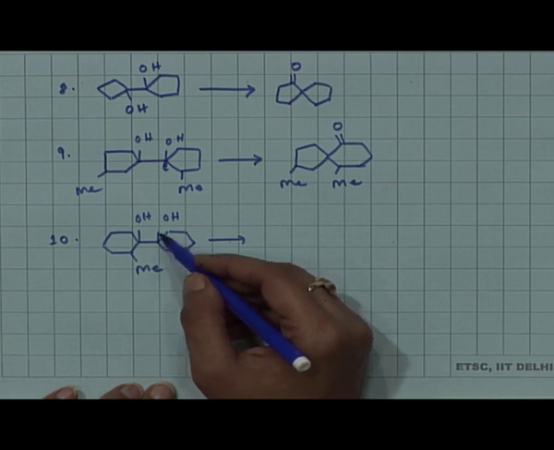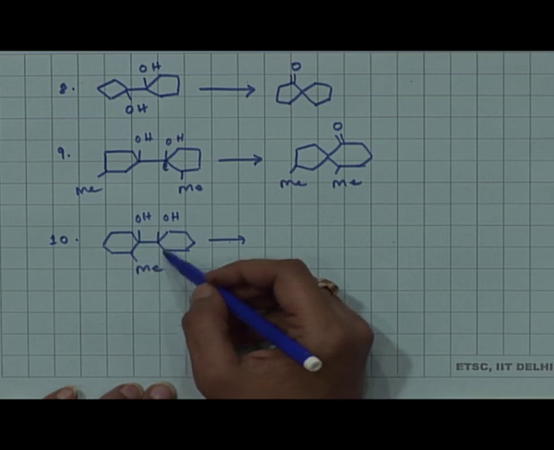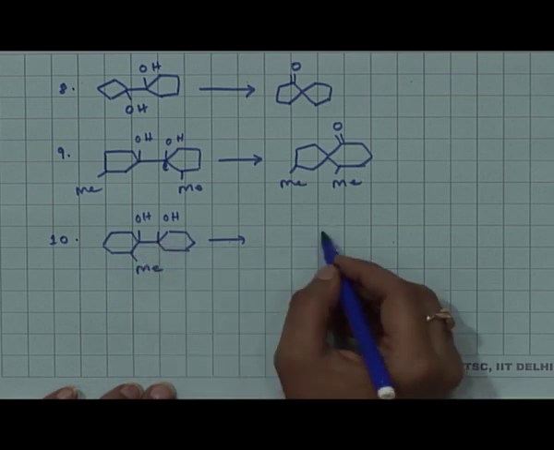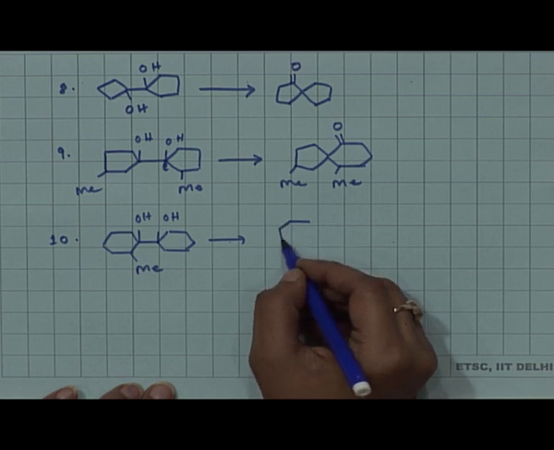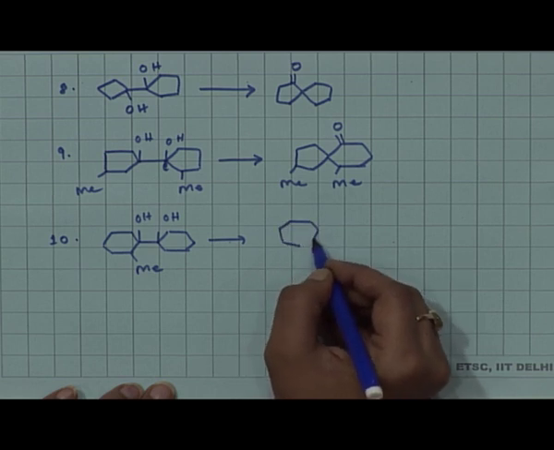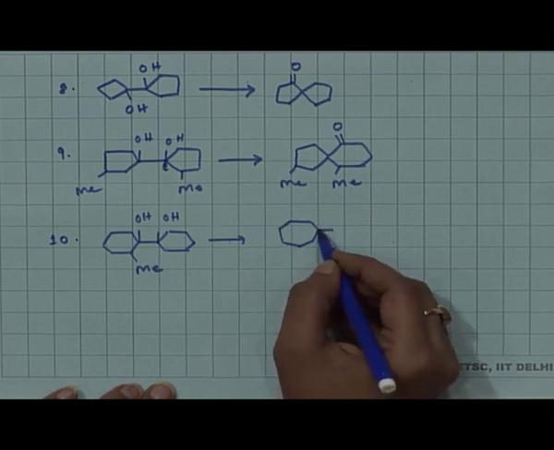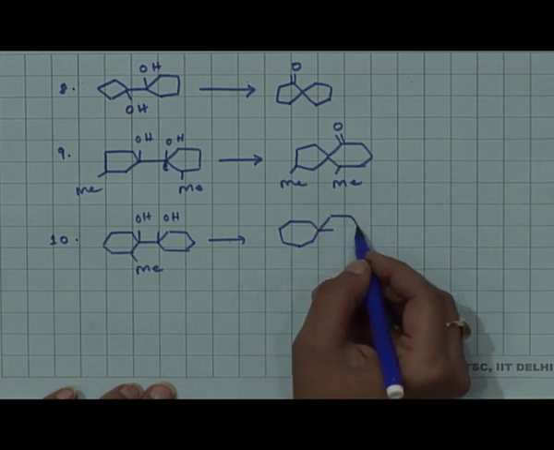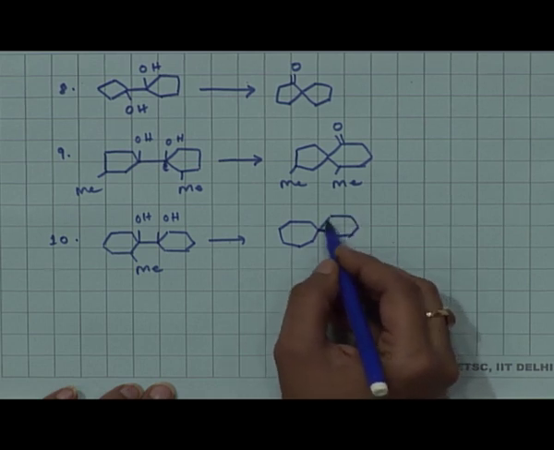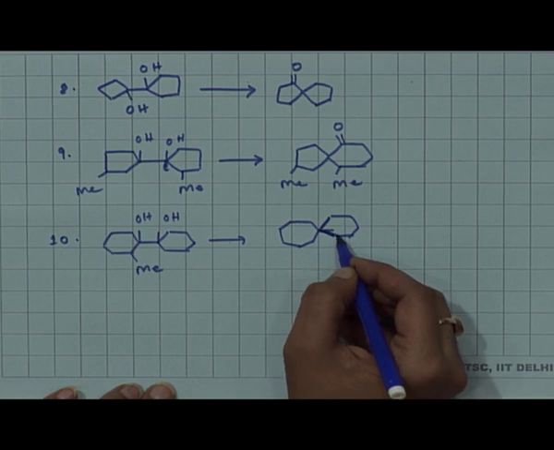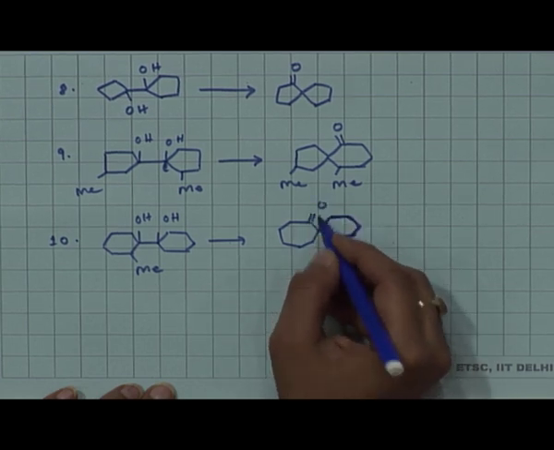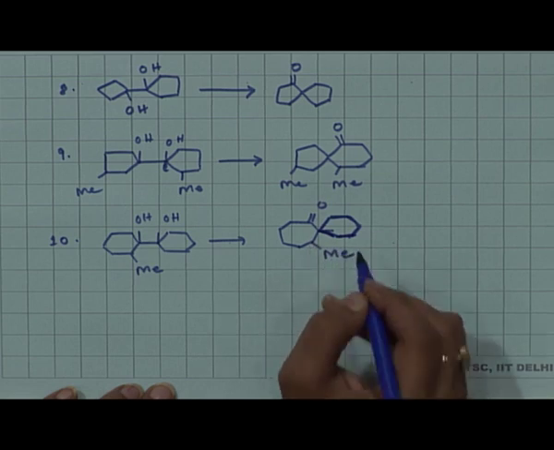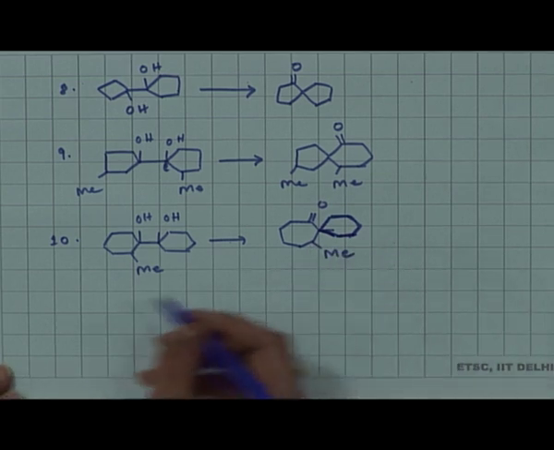So, ring 2 forms the carbocation and ring 1 carbon-carbon migrates to give you a 7-membered ring. Okay. So, you get this 6 and 7-membered ring. This is the product which you expect.